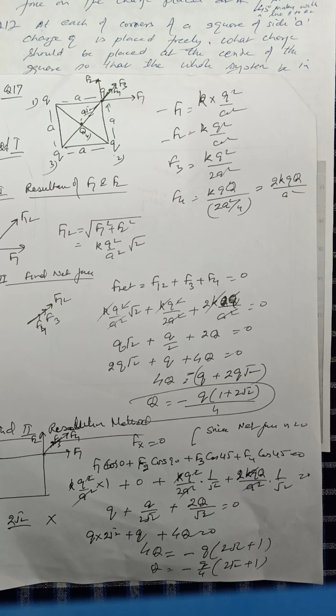So before solving questions 10 to 17, if you revise the topic of how to apply the superposition principle from the previous video, it will be easier for you to understand these questions.